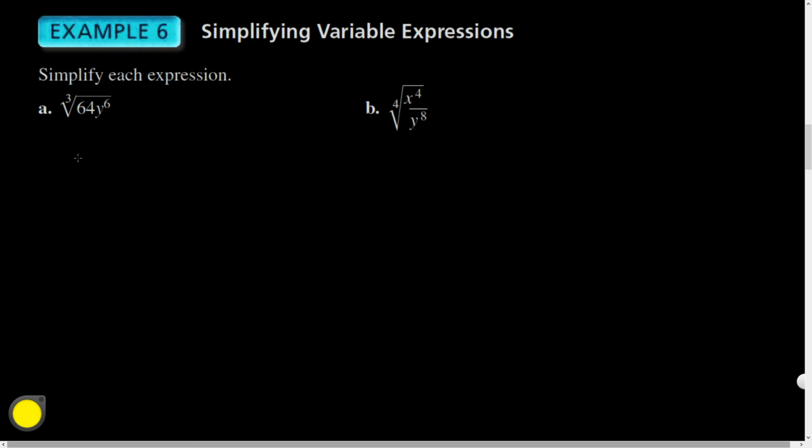Cubed root of 64. Now cubed root of 64 is 4. So I'd be able to simplify that. I'm going to break this up.